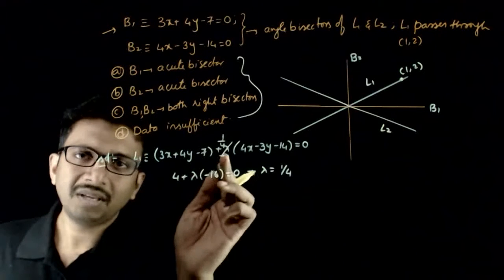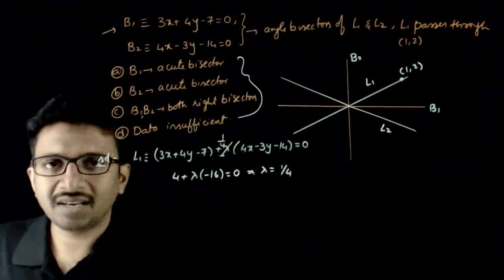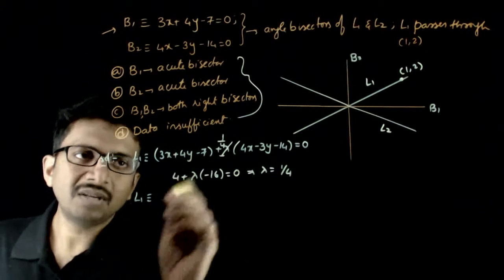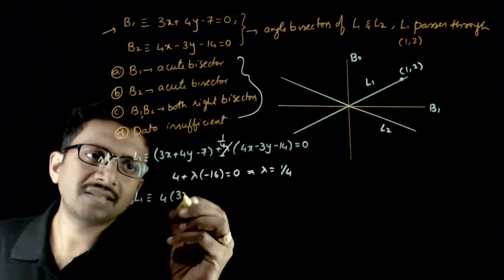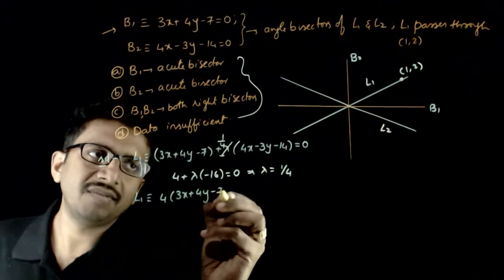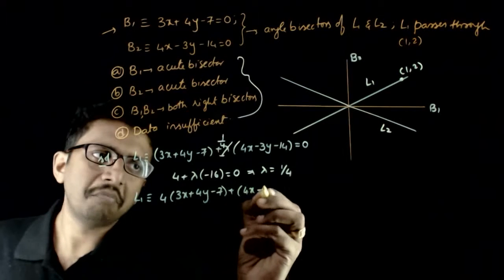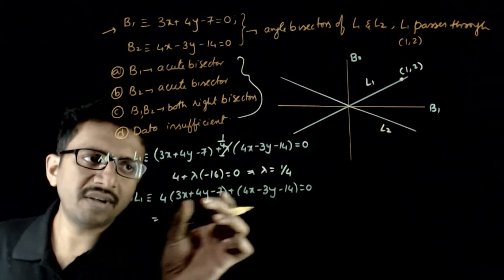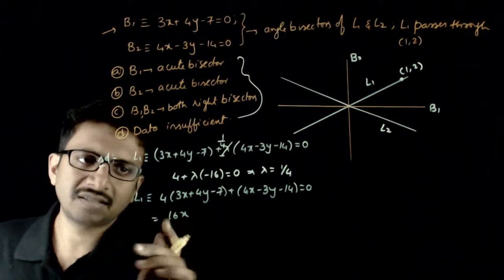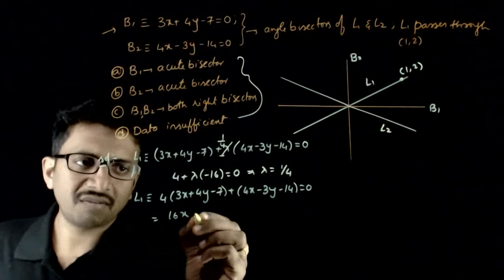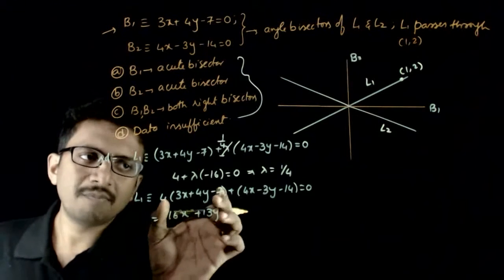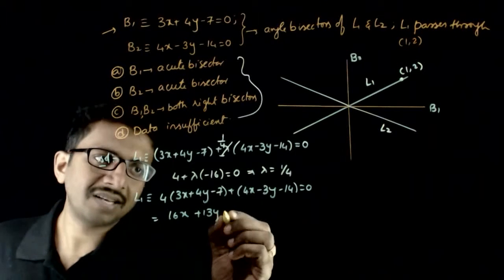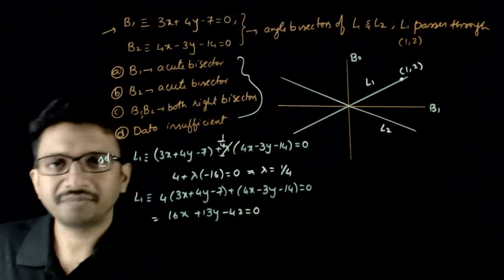If you take the LCM, you have 4 times the first line plus the second line equal to 0. So 4 times (3x + 4y - 7) + (4x - 3y - 14) = 0. That is 12x + 4x = 16x, 16y - 3y = 13y, -28 - 14 = -42, equal to 0.